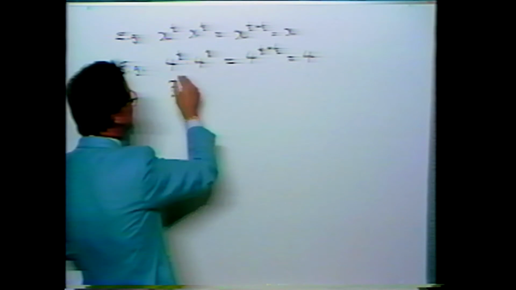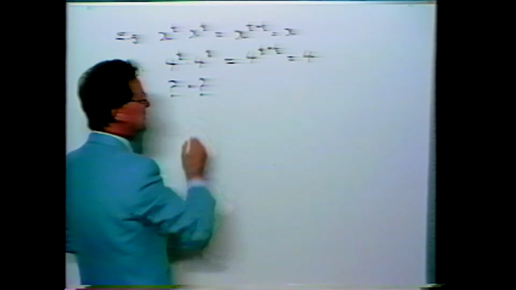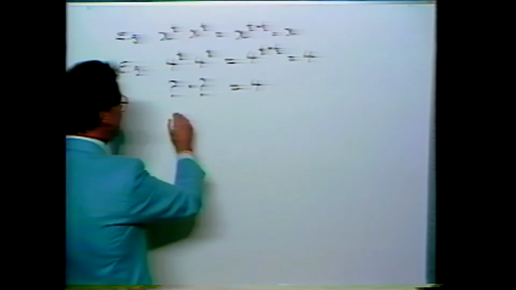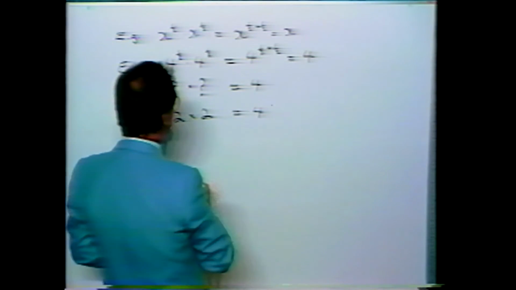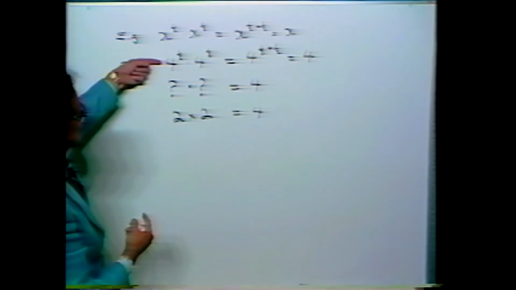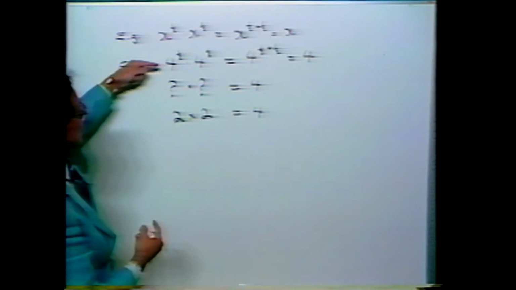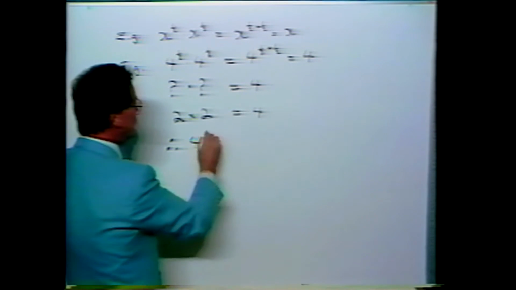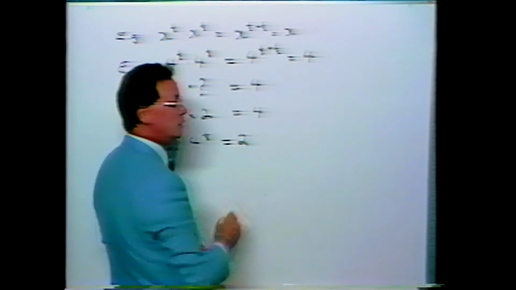What number, in place of 4 to the 1/2, multiplied by itself, will give me 4 as the answer on the right? 2 times 2 is equal to 4. By making a comparison between the same two things that result in 4, we can conclude that 4 to the 1/2 must be an expression that is equal to 2.